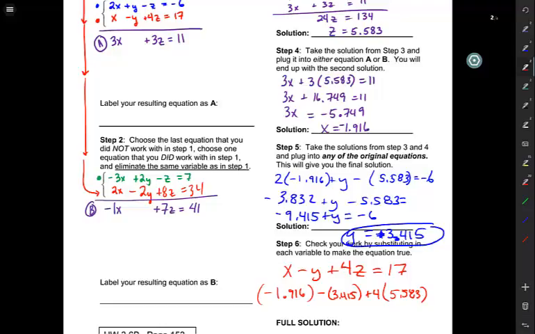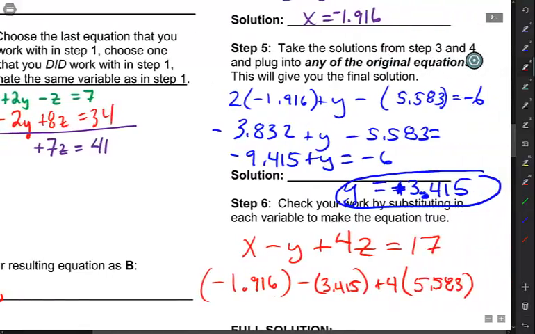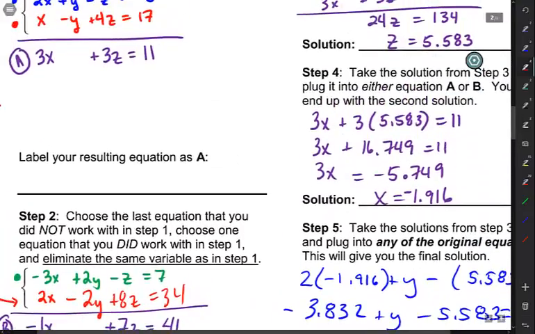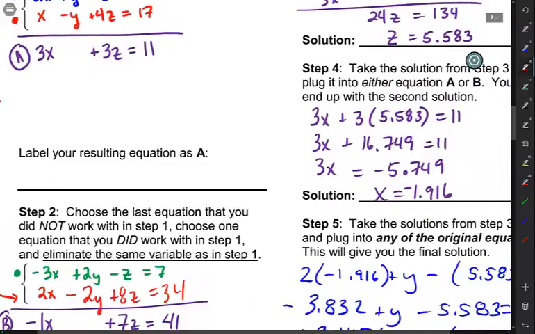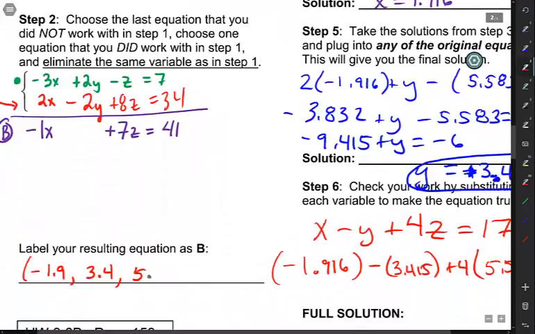All right, here we go. My x, negative 1.9. My y, 3.4. My z, would you say 5.6? Do we have to round the answer? Well, you'd want to at least be to the nearest tenth.